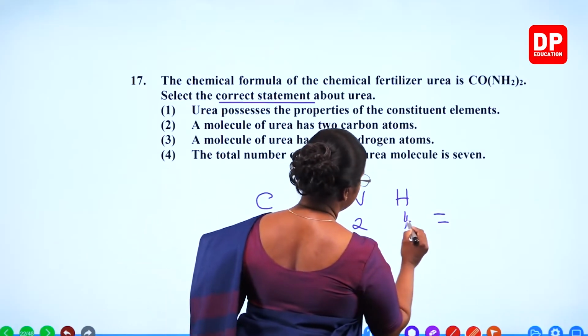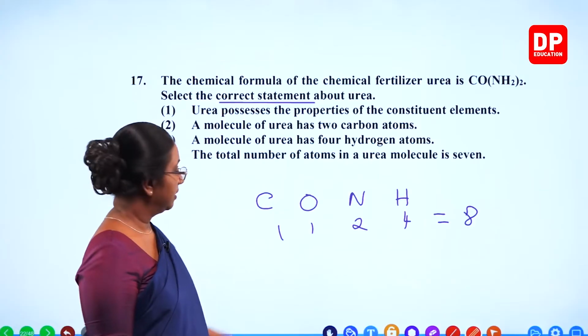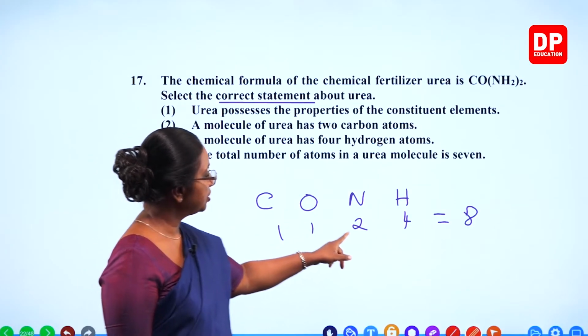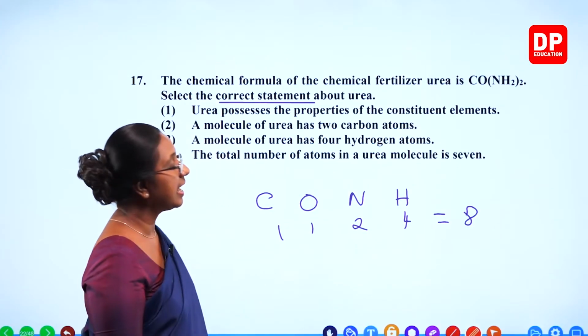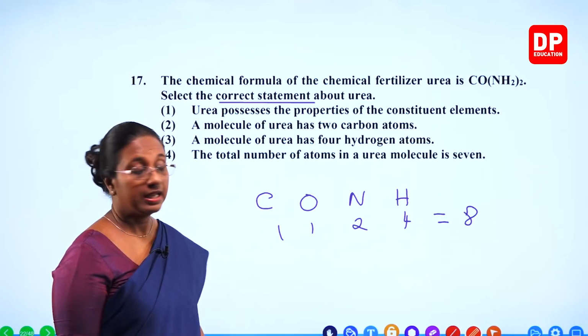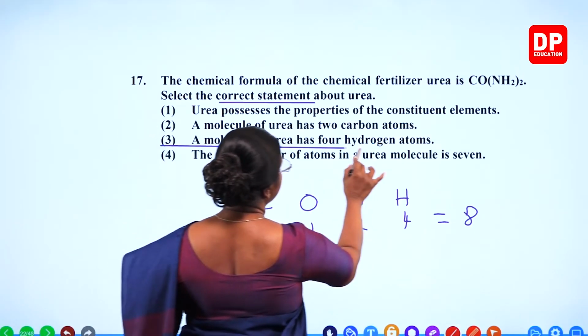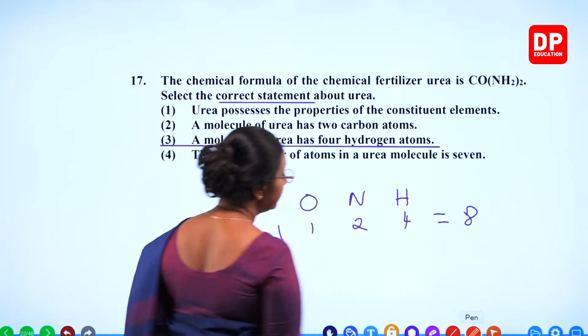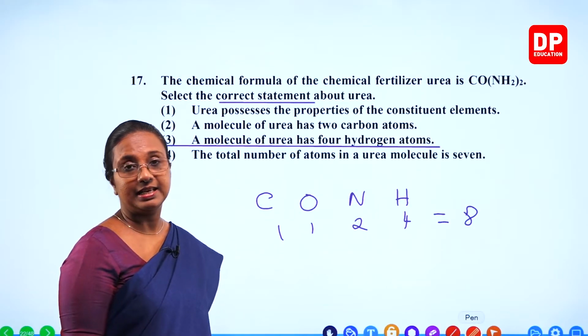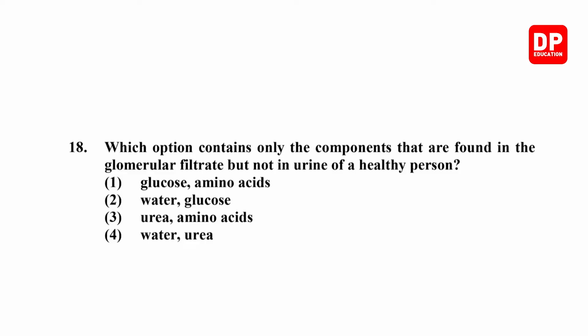So, in total, you have 8 atoms: 1 carbon, 1 oxygen, 2 nitrogen and 4 hydrogen. There are 8 atoms. So, the fourth one is also incorrect. So, the correct statement is that a molecule of urea has 4 hydrogen atoms. Is that clear? So, with that, we'll move on to the next question.